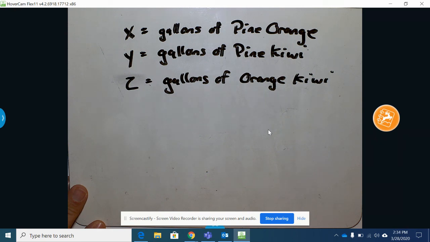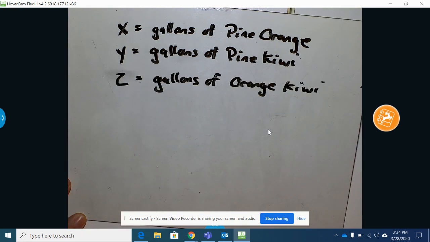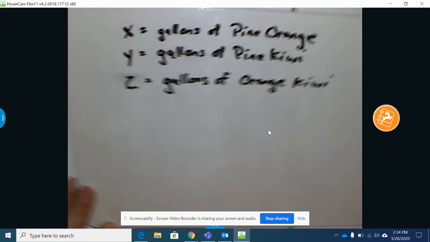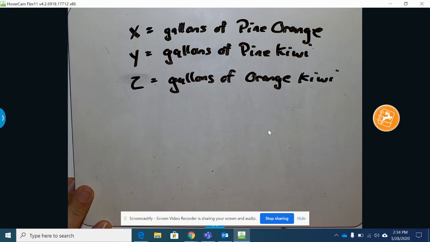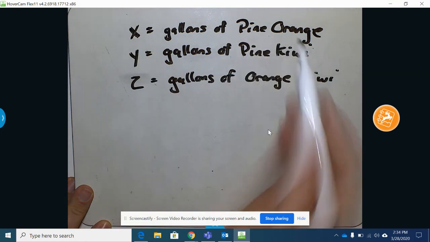All right, so we have 3 different types of juices that are made up of 3 different ingredients. We have pineapple juice, kiwi juice, and orange juice. What we do know is that there's a limit on each of these 3 different things that are mixed up. We have 800 quarts of pineapple juice. So what uses pineapple juice? X, pine orange, uses pineapple juice.